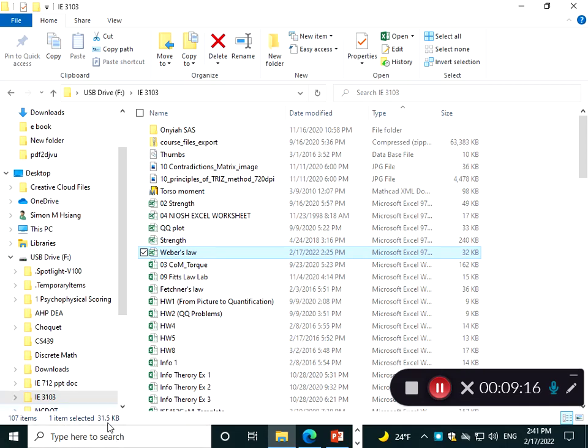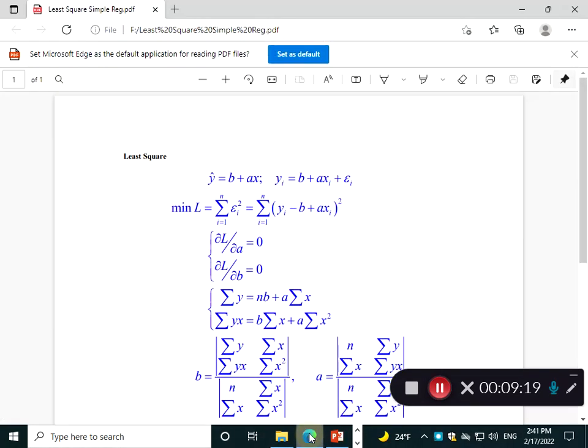So we start from a simple regression. There's a regression line called Y. The intercept is B. The slope is A. And then, of course, since this is not a perfect line, there are error terms.